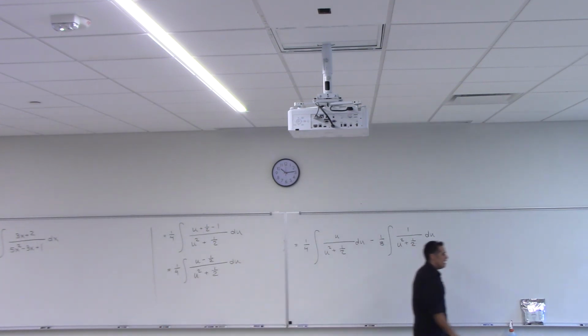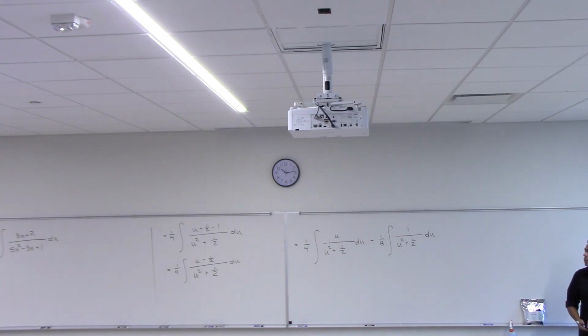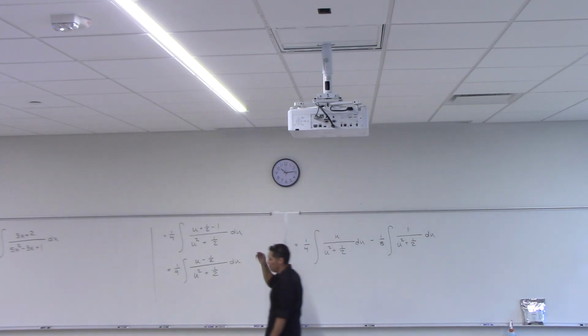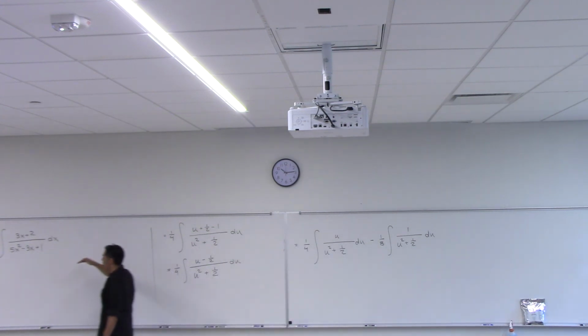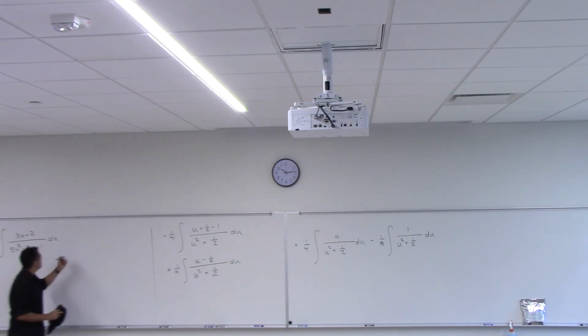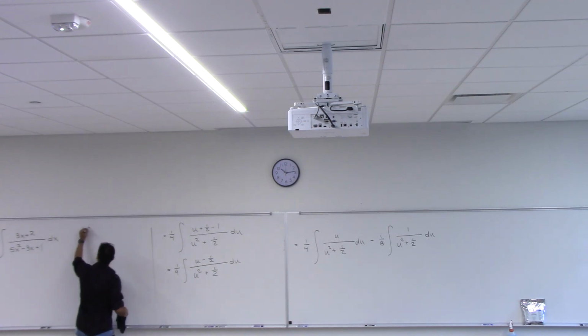You're looking at a linear expression over an irreducible quadratic. So you have to see that. Linear on top, quadratic on the bottom, irreducible. This doesn't factor. So, make our substitution: u is the bottom.